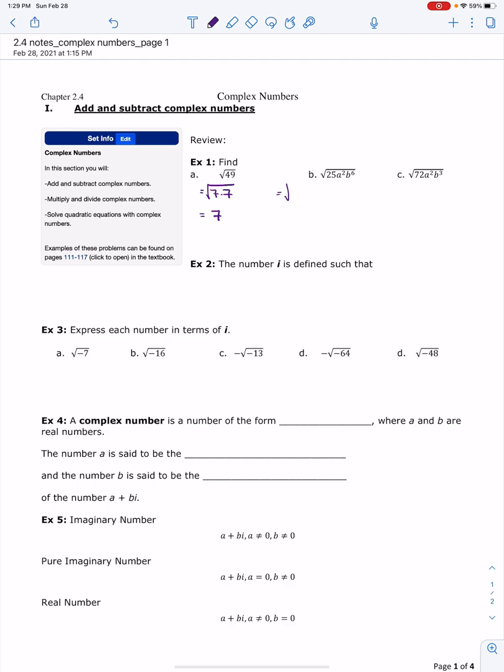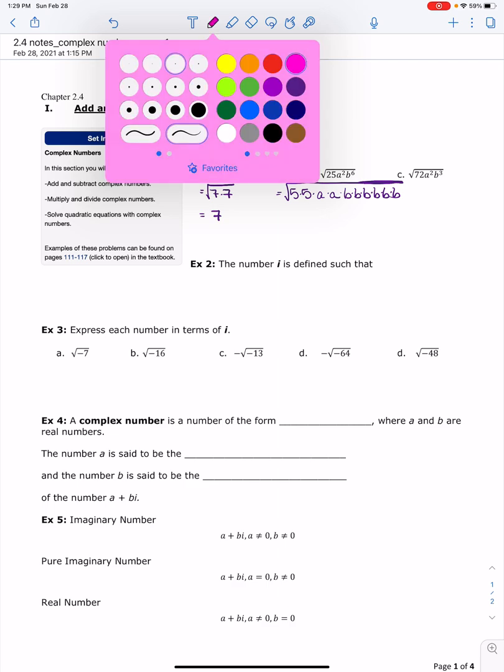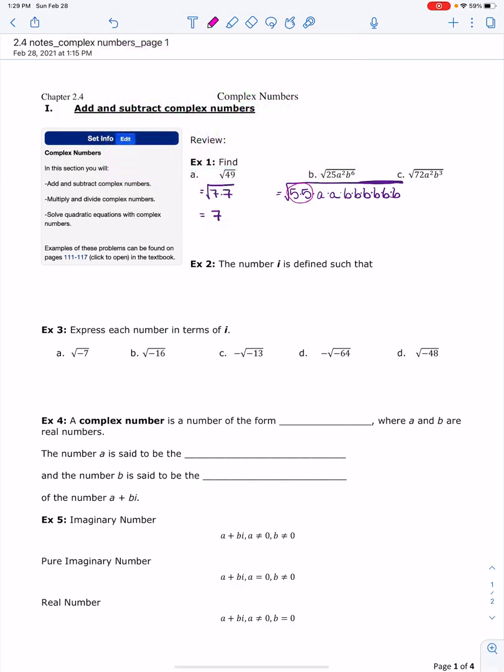B looks a little more involved. Again, I am going to write it in pieces, prime factors. 5 times 5 times A times A, B, B, B, B, 6 B's. Okay. Square root is going to be anything that happens twice. So I get a 5.